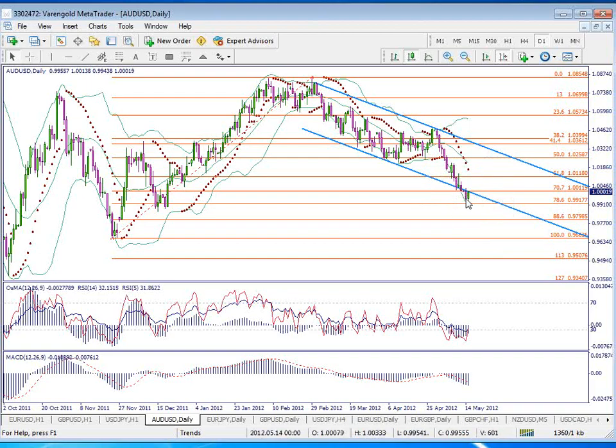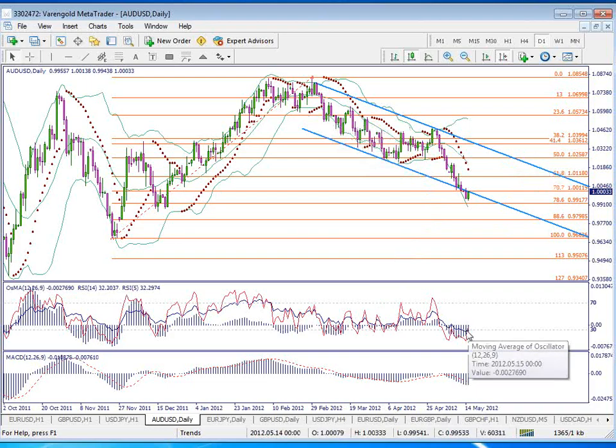And now the pair just recovered up to the parity. I think that the pair will go into one retracement up to, I don't know where it will meet the superior trend line, but I think that maybe at 50 into this point. We have here something like the cross of RSI.